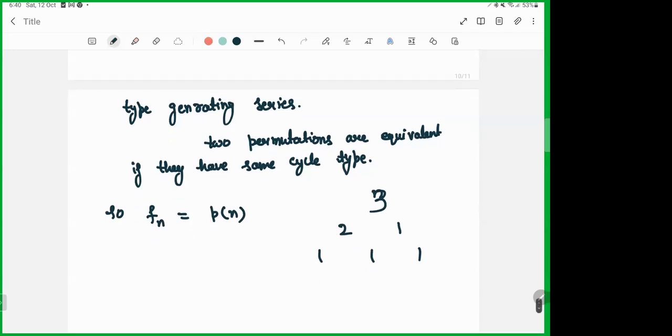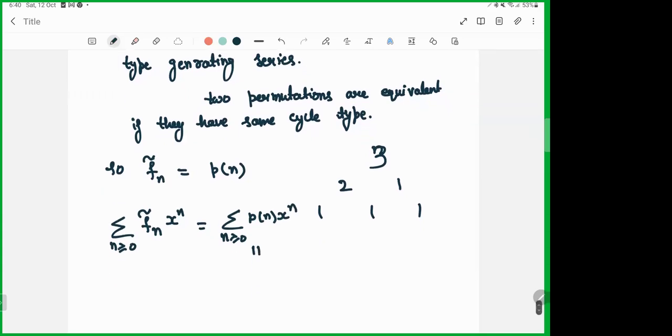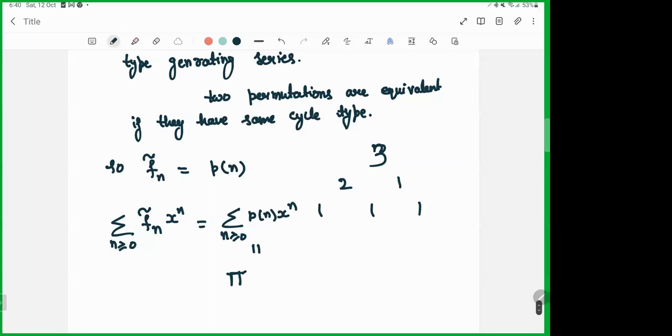So what is the type generating series? The type generating series is the summation over n greater than or equal to 0 of fn tilde x to the power n, which is the summation of pn x to the power n, and this is known to be the product over k greater than or equal to 1 of 1 over 1 minus x to the power k.